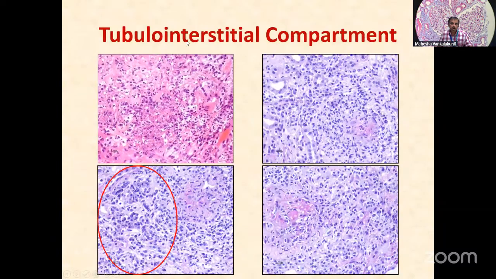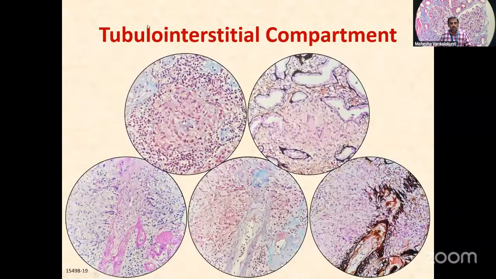Moving on to the tubulointerstitial compartment in this case, the necrotizing lesions are also seen in the interstitium, and the inflammatory reaction is usually dominated by plasma cells in cases of ANCA-mediated renal injury. Granuloma formation can also be seen in almost 20% of these crescentic GNs.